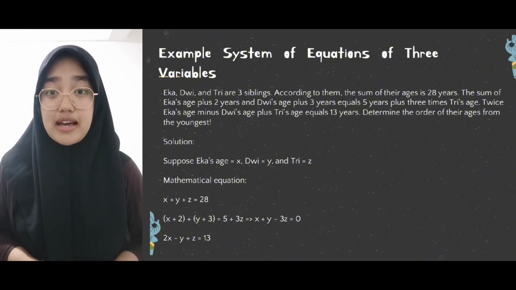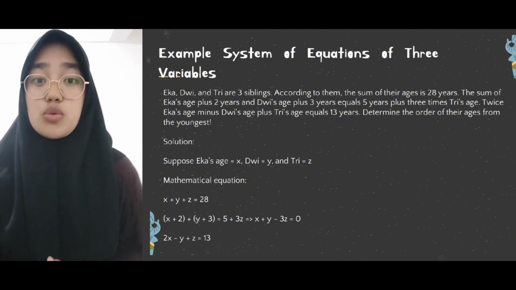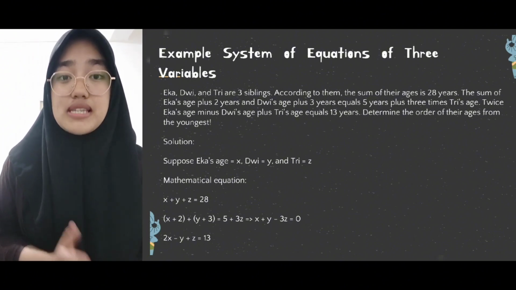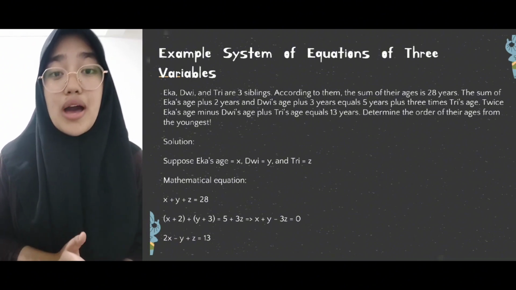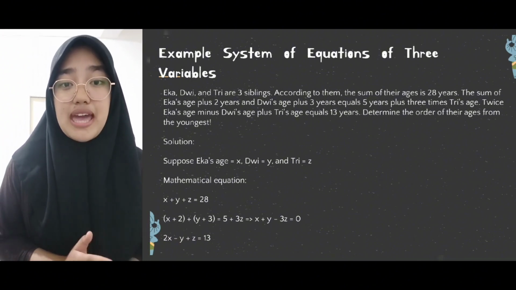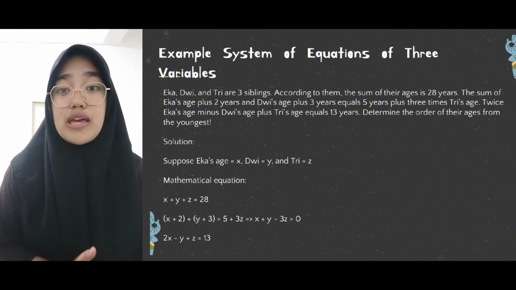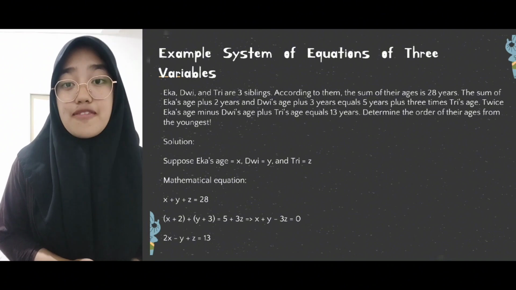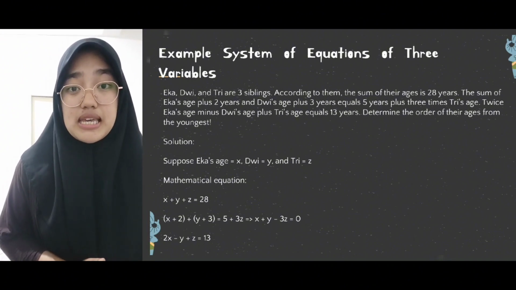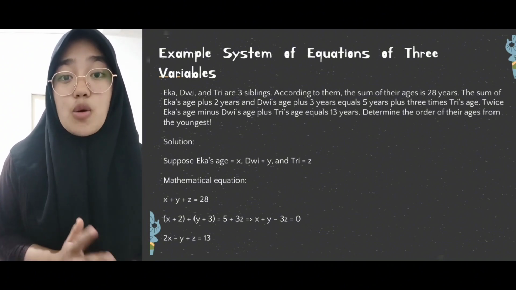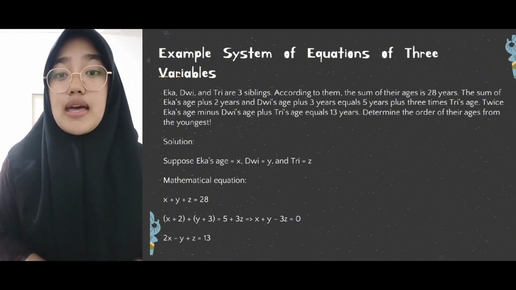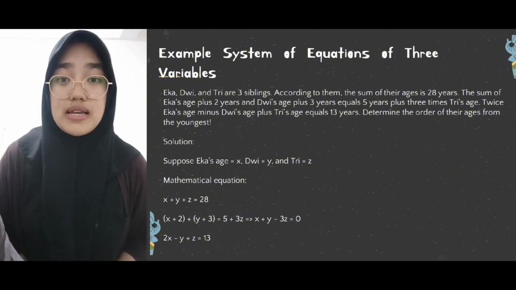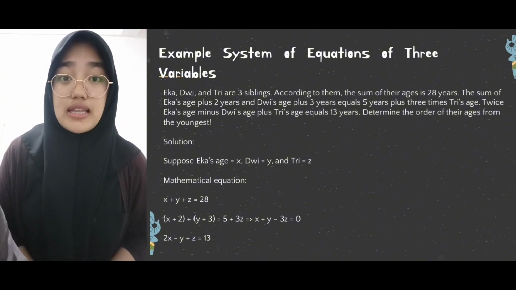Solution. Suppose Eka's age equals x, Dwi's equals y, and Tri's equals z. Mathematical equations: x plus y plus z equals 28. (x plus 2) plus (y plus 3) equals 5 plus 3z, which gives x plus y minus 3z equals 0. 2x minus y plus z equals 13.